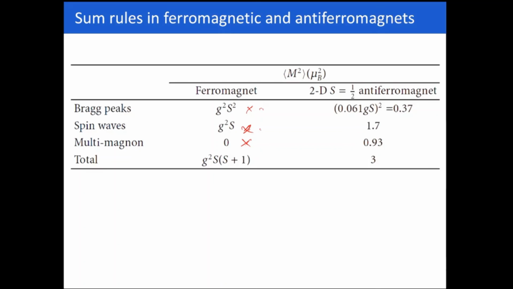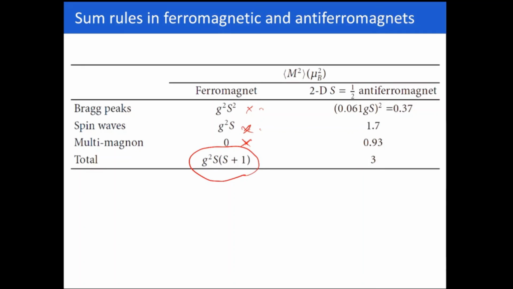There is no other excitation you need. In general, in a metal, that wouldn't be the case, because the spin waves wouldn't be a good eigenstate of the Hamiltonian. But in a simple model, a spin half ferromagnet, that is the case. Then the total moment you get quantum mechanically like that.